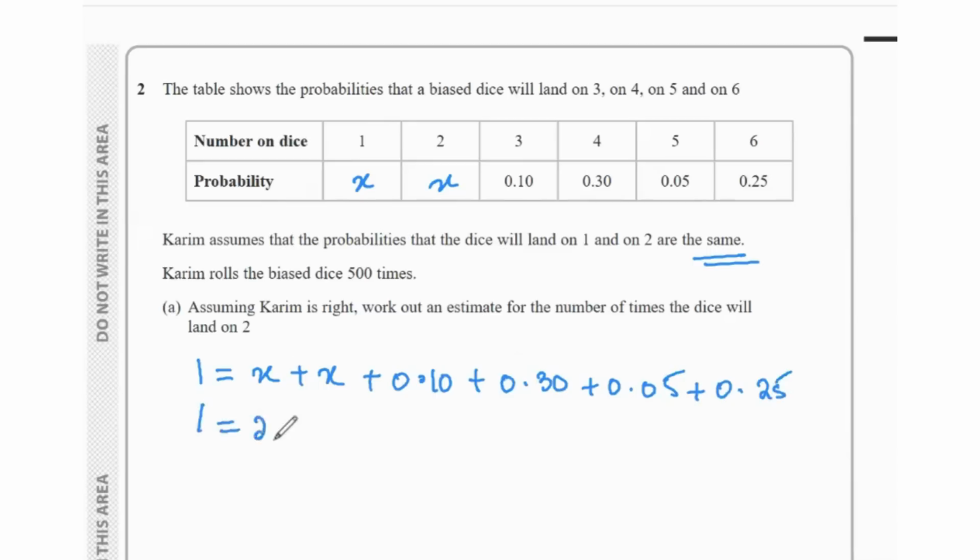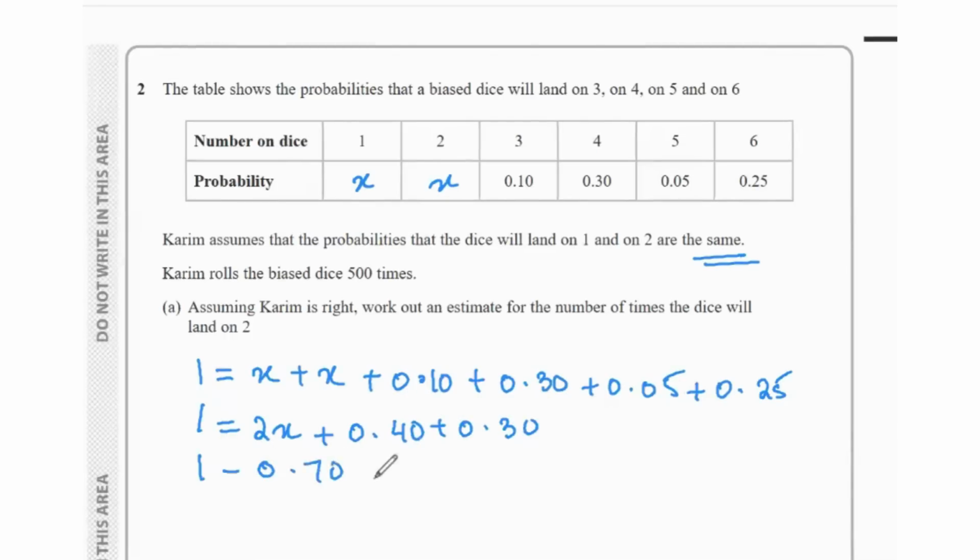X plus X is 2X. 0.10 plus 0.30 is 0.40 and 0.05 plus 0.25 is 0.30. So 0.40 plus 0.30 is 0.70.